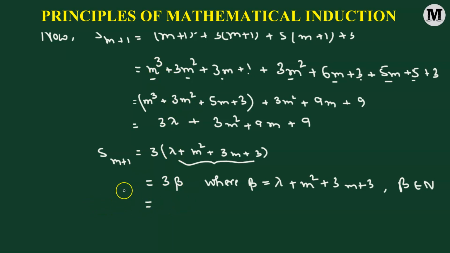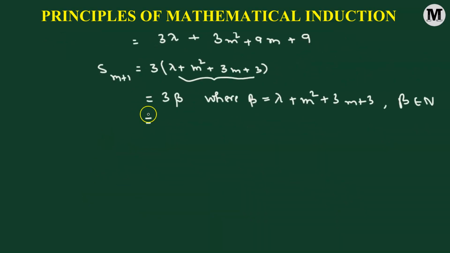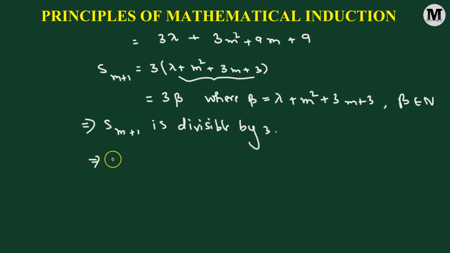So this implies that S of m plus 1 is divisible by 3. If it is divisible by 3, this implies that P of m plus 1 is indeed a true statement. So we have successfully shown that P of m plus 1 is a true statement.